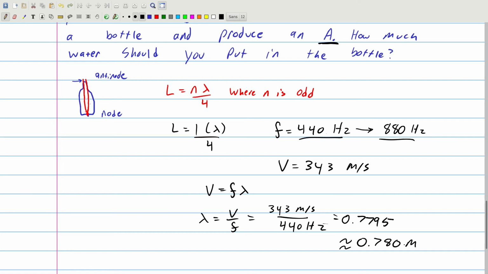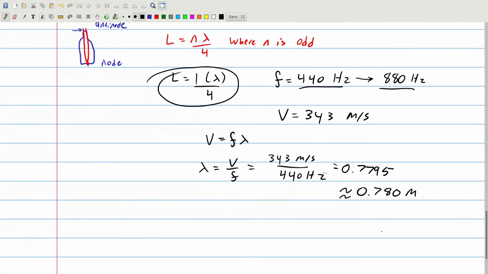The length of this tube should be equal to, it's given back up here by this, and I can get rid of the 1 because it's not really doing anything. So L is going to equal lambda over 4. This is equal to 0.780 meters divided by 4.